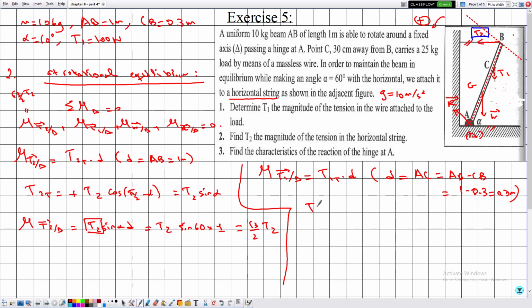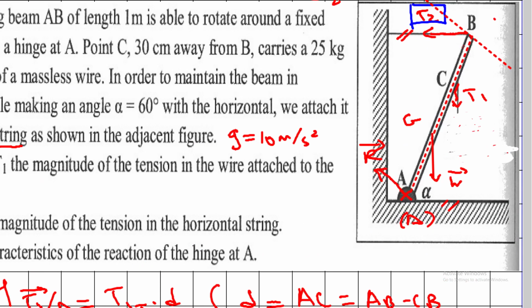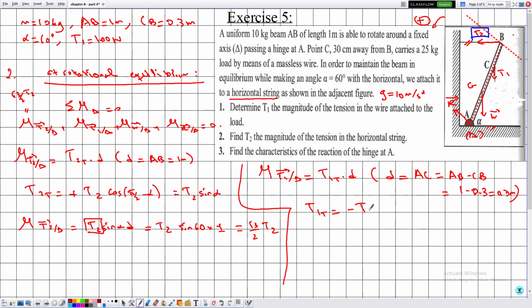Now T1 tangential: T1 will try to rotate the system in the negative direction.